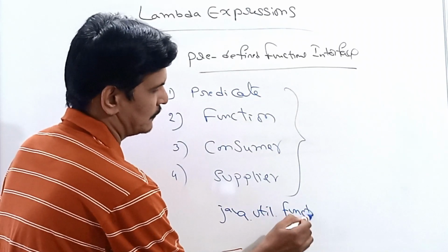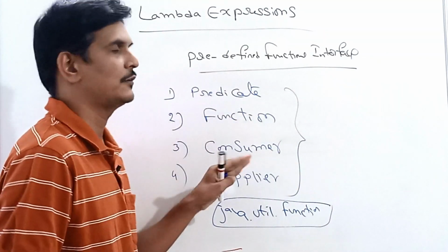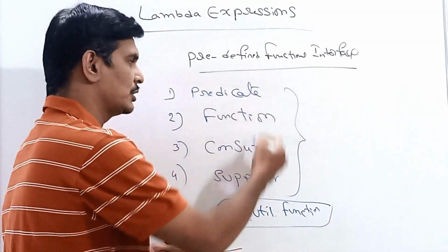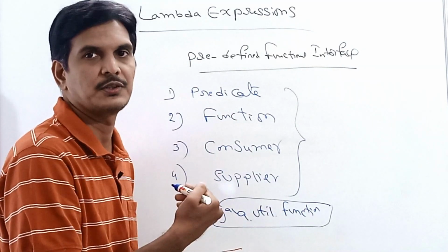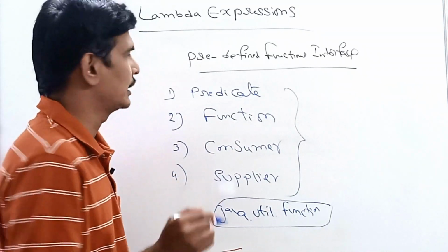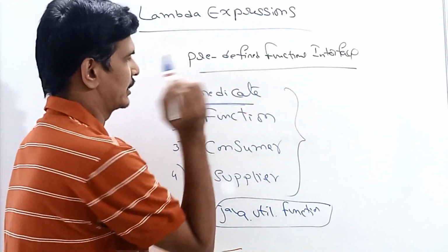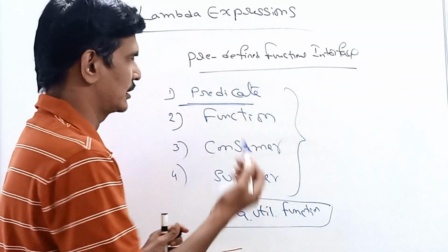In this package we have all these predefined functional interfaces, and by using them we can invoke Lambda expressions in regular day-to-day coding. In today's session, I'll mainly focus on Predicate, and the rest we will discuss in other videos.